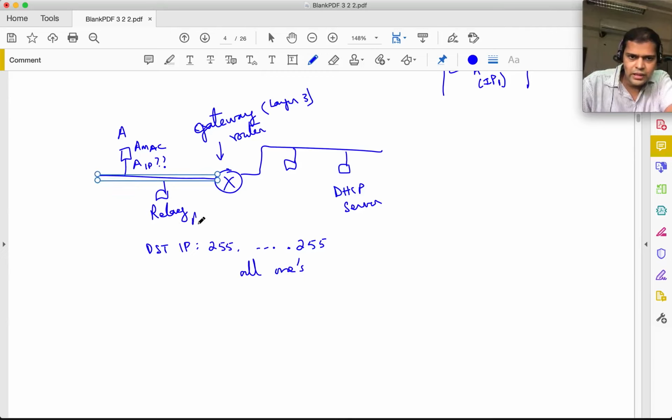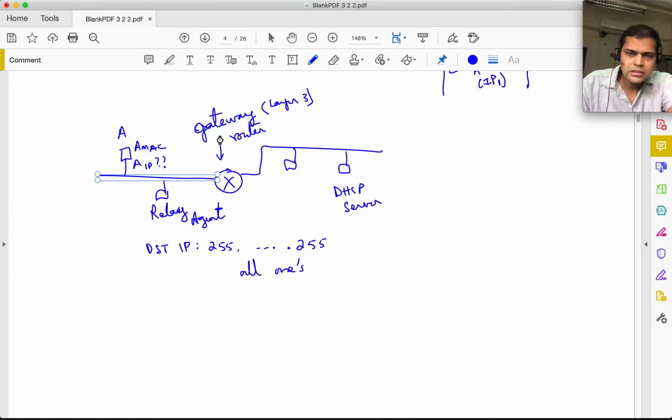So intuitively you might think about what may be the solution. You have a relay agent. The relay agent is not going to do the dirty work of keeping the full table of IP addresses used and so on. It's just going to act as a sort of proxy for this particular DHCP server.